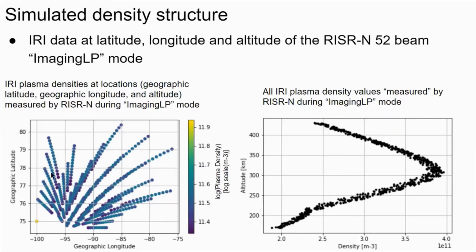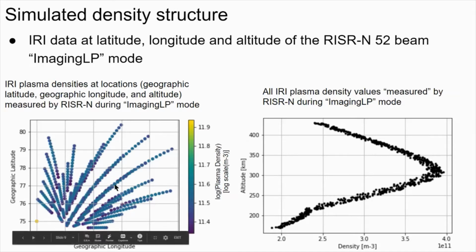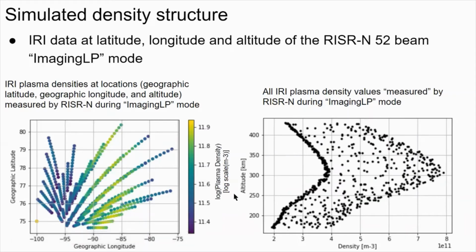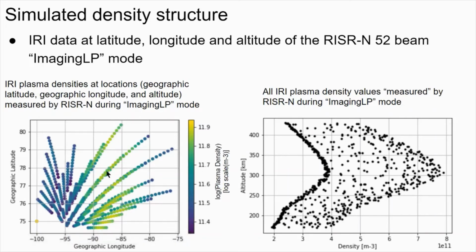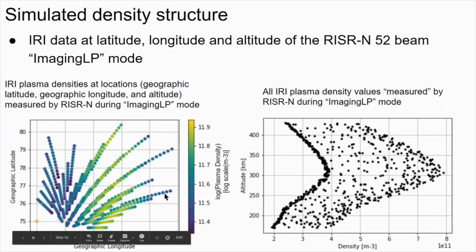I'm taking all those positions and measuring IRI data with them. If I plot them with respect to density and altitude, then I get a curve like this. And then if I introduce my plasma density enhancement, I see something like this. So here I have my enhancement that's elongated in latitude but varies with longitude.